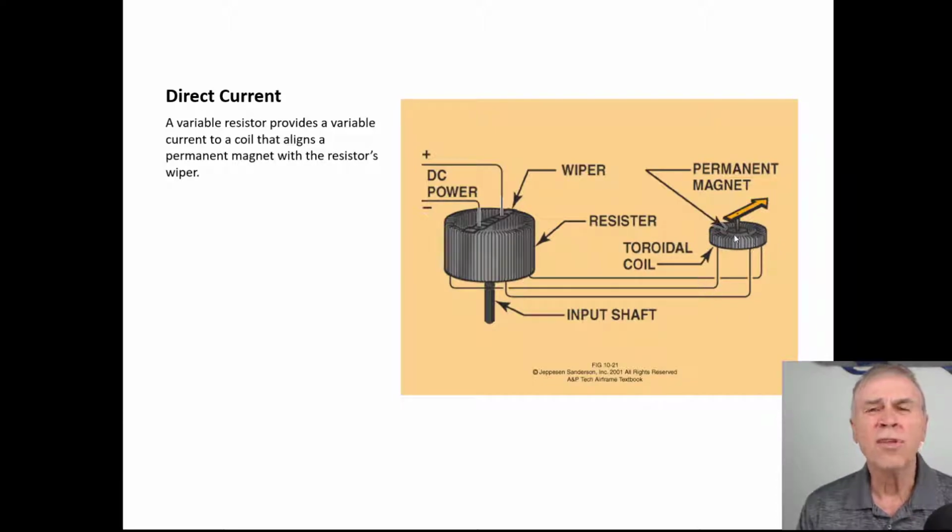It uses the toroidal coil, which is our donut that is wrapped in wire and in effect turned into a detection electromagnet. And you can see it actually can turn the pointer.